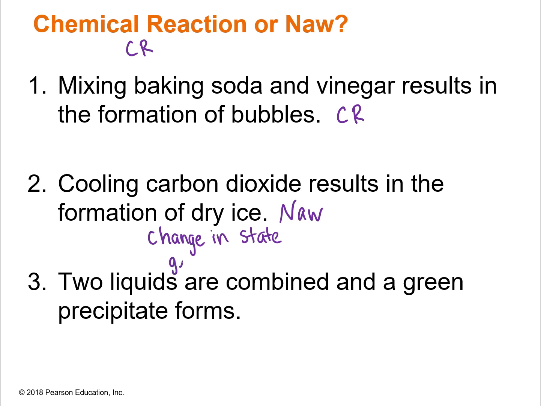So if we're going from a gas to a solid, we're not doing any chemistry. It's still carbon dioxide. So it is not a chemical reaction. What about 3? 2 liquids are combined and a green precipitate forms.